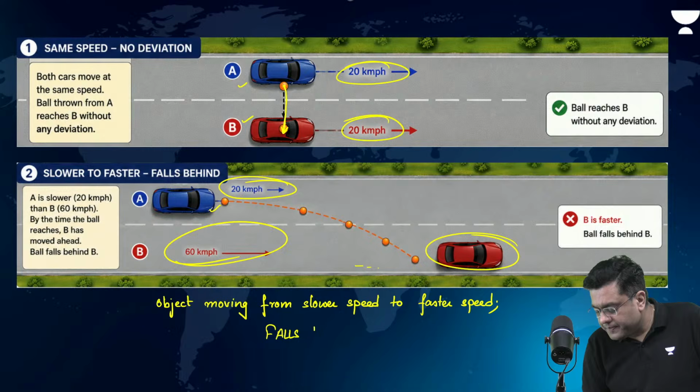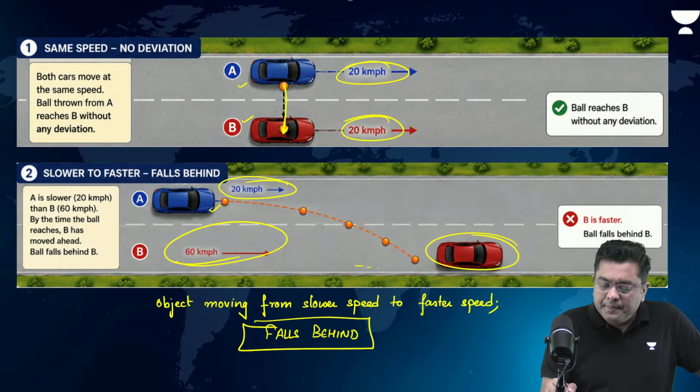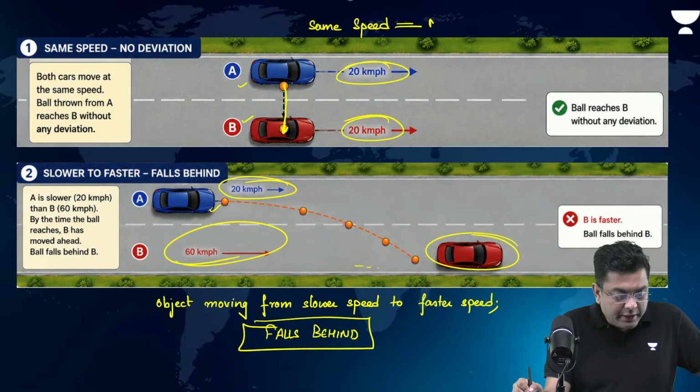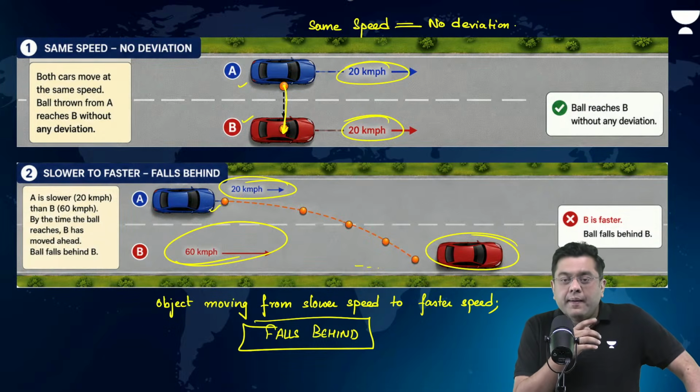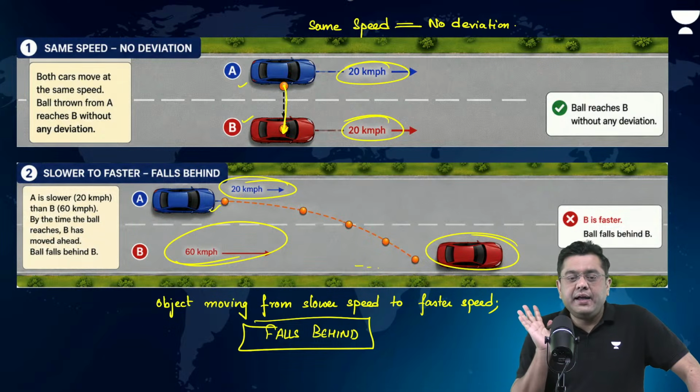Falls behind. Same speed, no deviation. It is caught by the person in car B. Okay? But from slow to fast, it will fall behind, right?